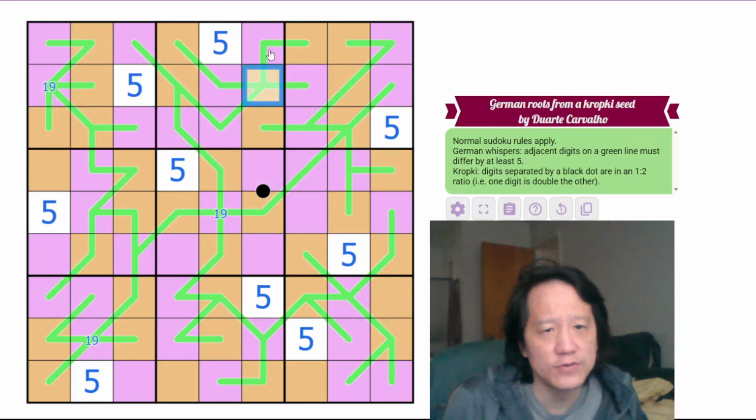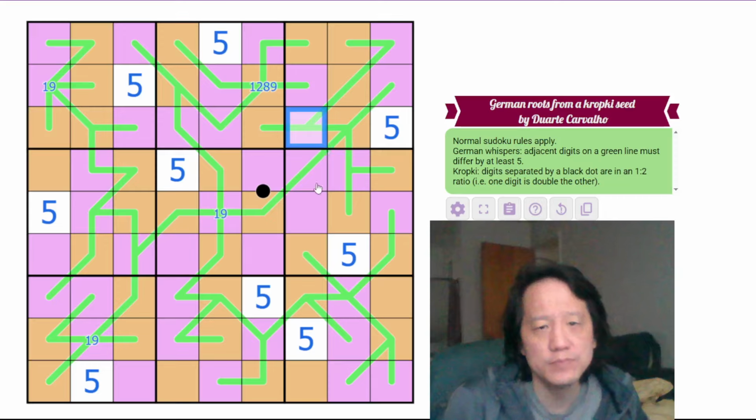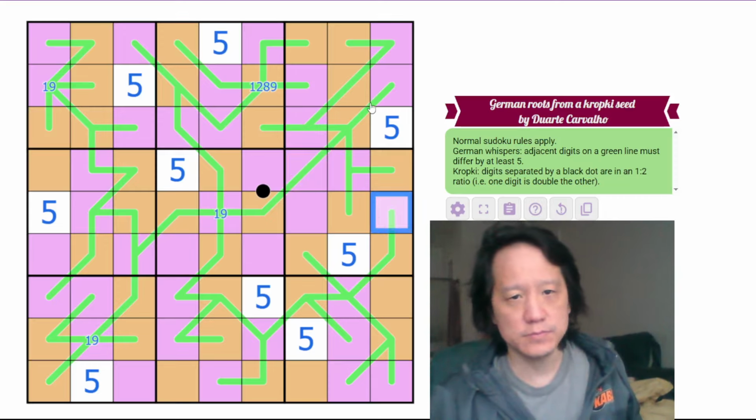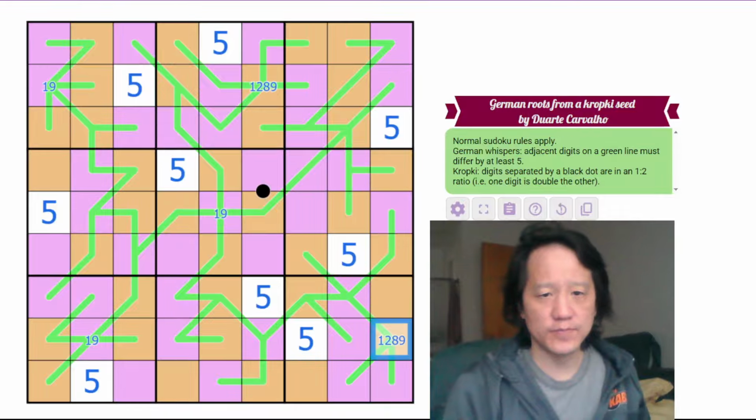This is next to 3 unique digits, so it could be 1, 2, 8, or 9 there. This is next to 3 unique digits, so it's 1, 2, 8, 9.